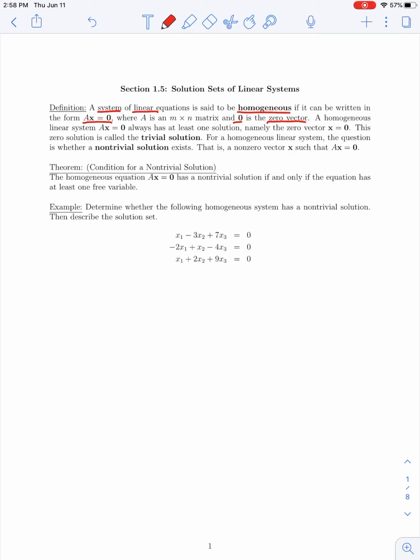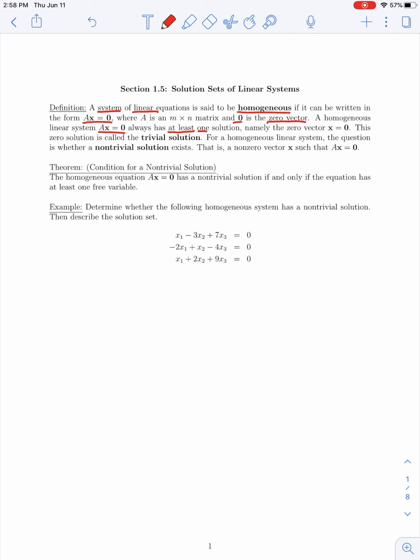So any linear system where each of our linear equations is set equal to 0 is called a homogeneous linear system.